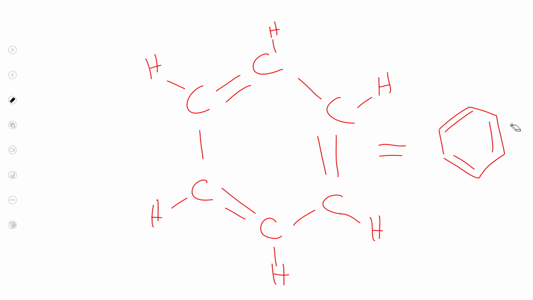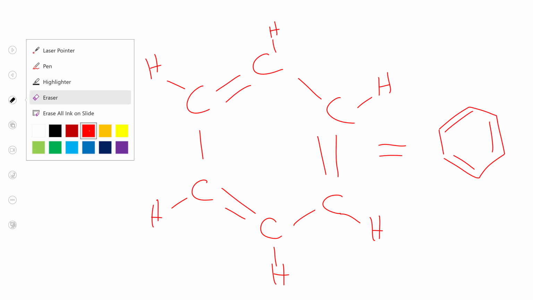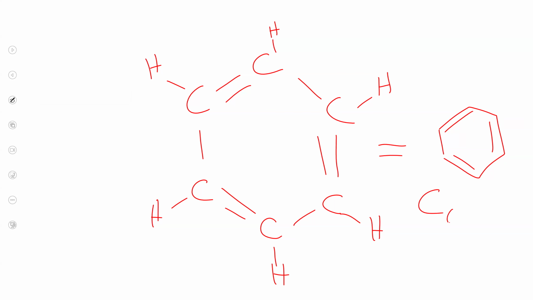We can say, okay, there's 6 carbons. And then you go back and say, on this carbon, there's a hydrogen. There's also going to be 6 hydrogens, right? The reason skeletal structures work is because we're assuming every carbon has 4 bonds, unless it's got a charge, and every nitrogen has 3 bonds, unless it has a charge.